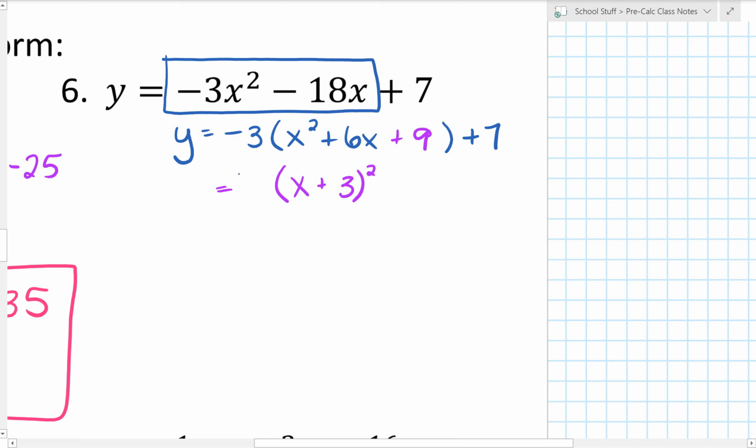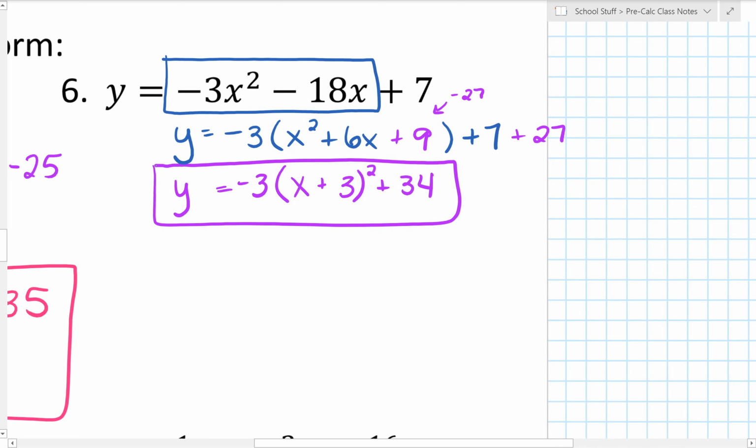But I didn't just put in 9, I put in 9 times negative 3. 9 times negative 3 is negative 27, so I've just put in negative 27 to my equation. So to balance it out, I'm going to add a 27. I'm going to do the opposite. So that's going to become 34. And there's my vertex form.